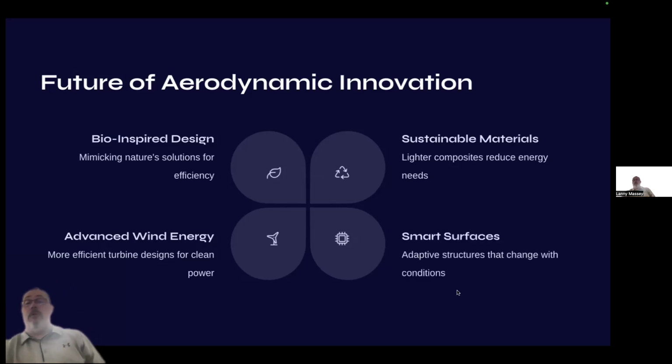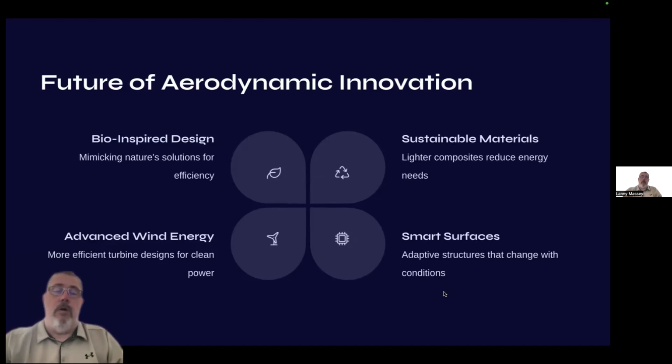And then finally, smart surfaces are structures that can change with conditions, so they can be adjusted. In particular, back to the wind turbines, they can adjust the blades so that they don't get moving too fast, or they can get them to move faster by adjusting the angle and turning them into the wind, things of that nature. Are there any questions?